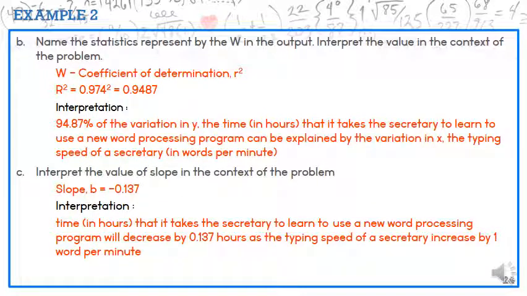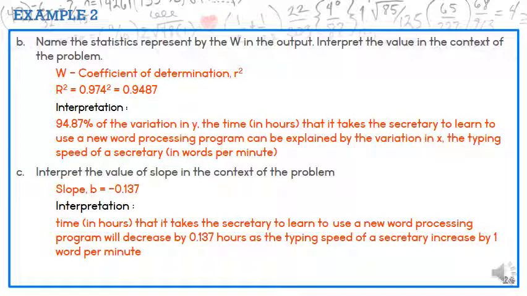Name the statistics represented by W in the output. Interpret the context of the problem. So dalam output tu, W sebenarnya adalah coefficient of determination R, and to find coefficient of determination R squared, simply kuasa duakan your R. So interpret, and then dia suruh interpret the value of the slope.